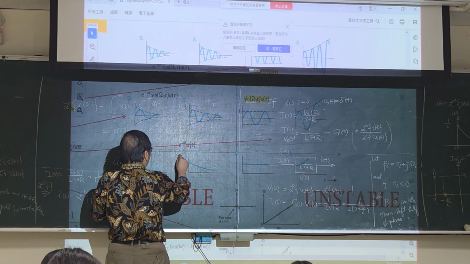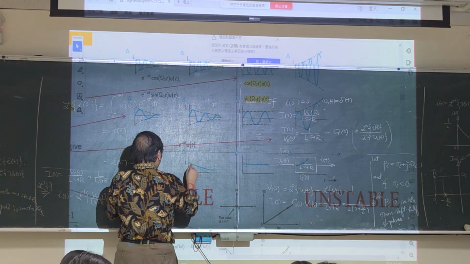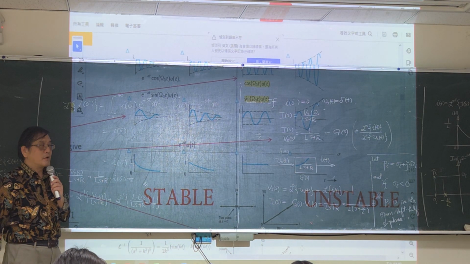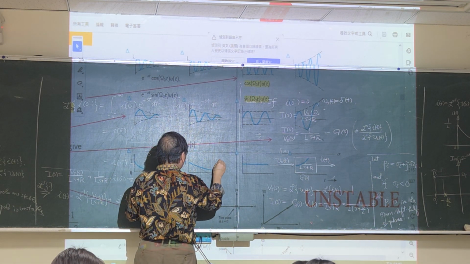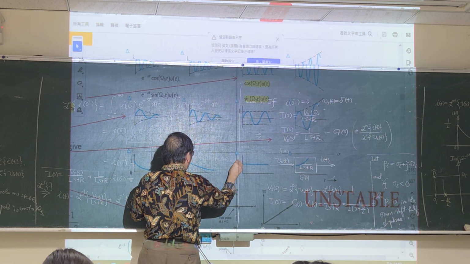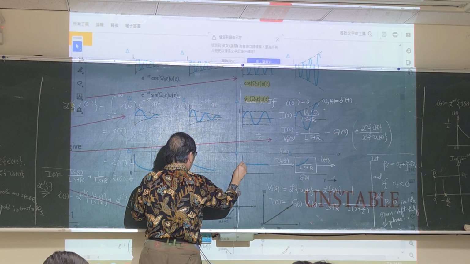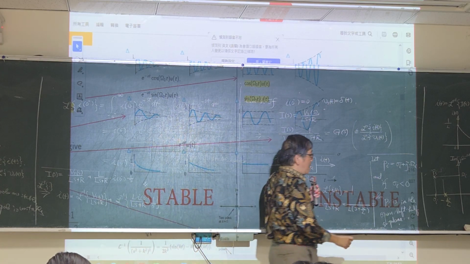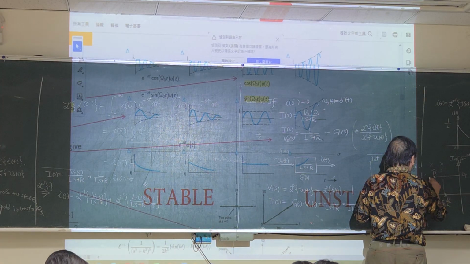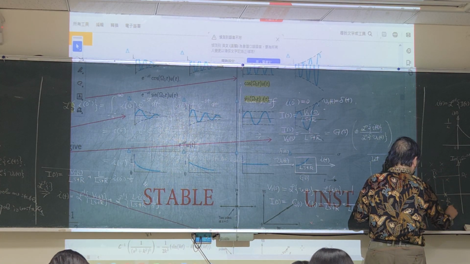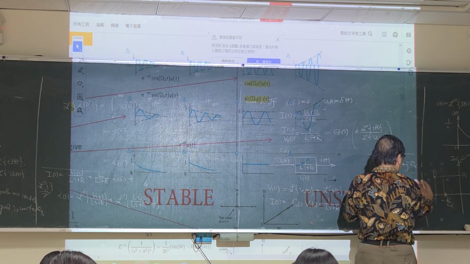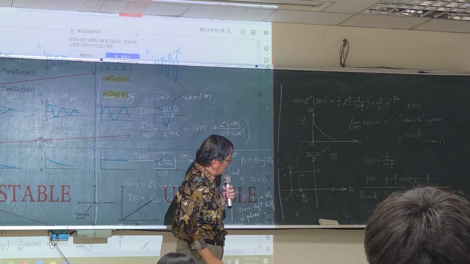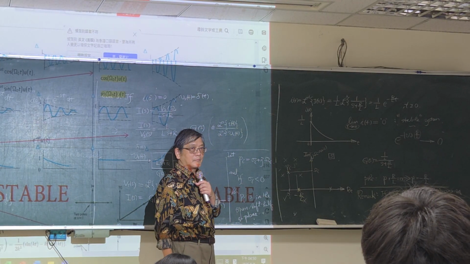Okay, let me repeat that again. Suppose I have a system G of S which has 99 stable poles, meaning 99 poles are in the open left half plane, but only one is here on the positive real axis.